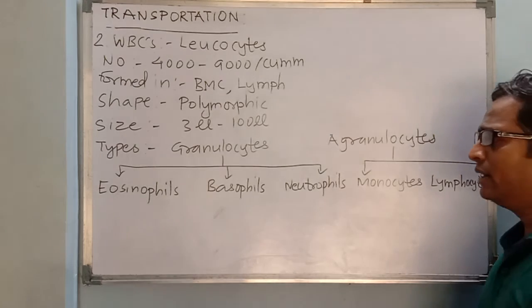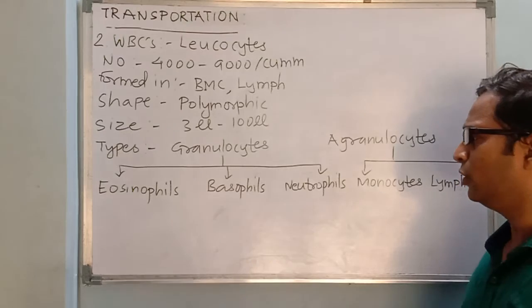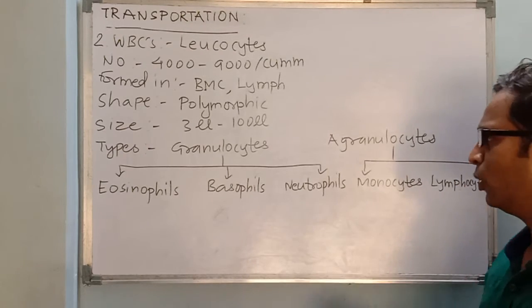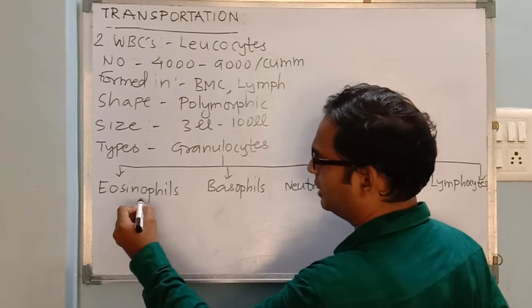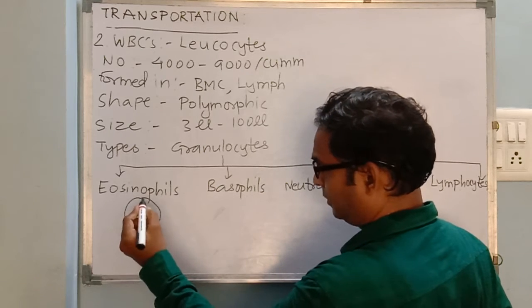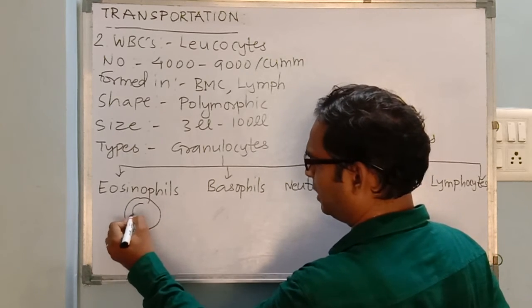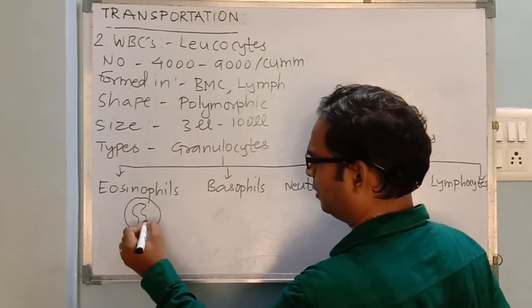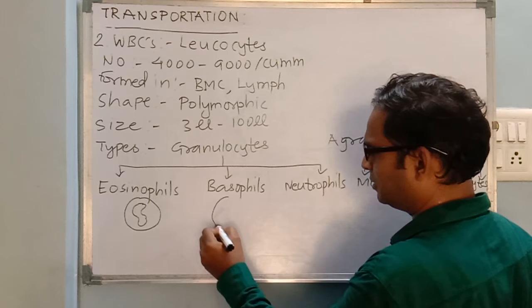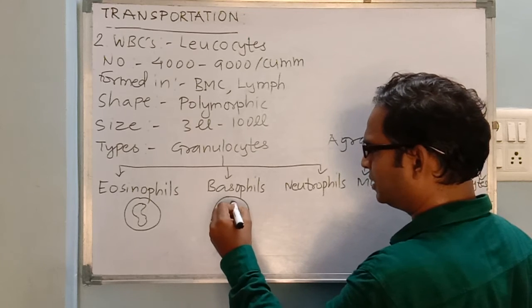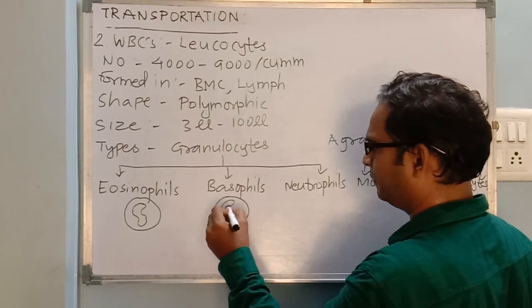Now when you look at the shape of their nucleus, that is different in all these 5 types. In acidophils, the shape of the nucleus is simple, bilobed. In basophils, the nucleus is S-shaped.